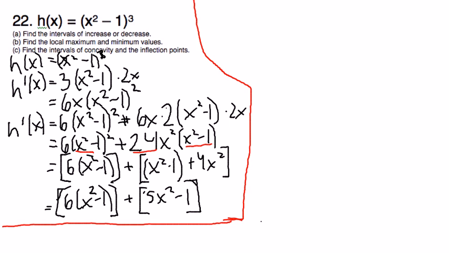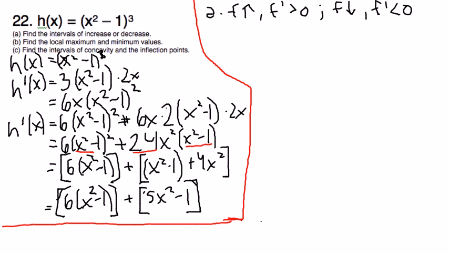Okay, so now that we have this information, it'll be a little bit easier for us to solve the questions. So A says to find the intervals of increase or decrease. And we know that h is increasing if h prime is greater than 0, and we know that h is decreasing if h prime is less than 0.